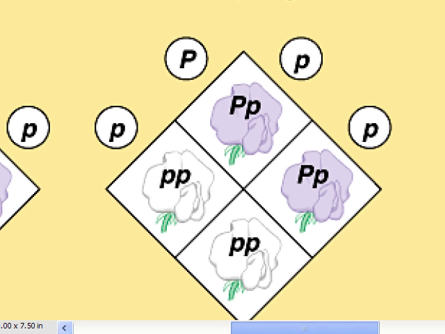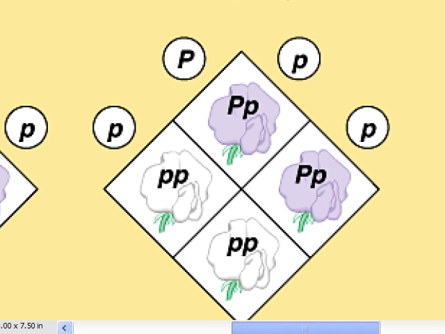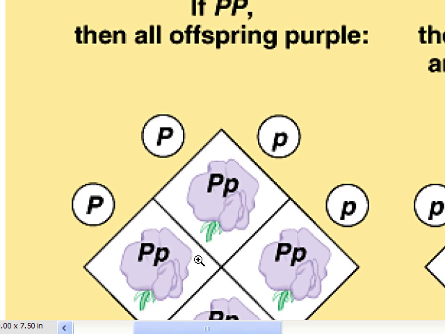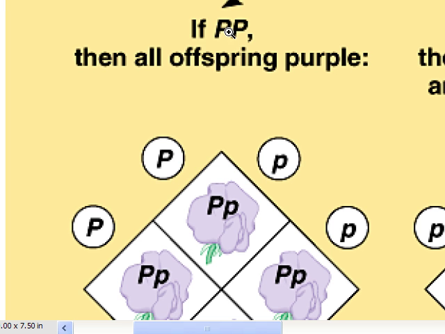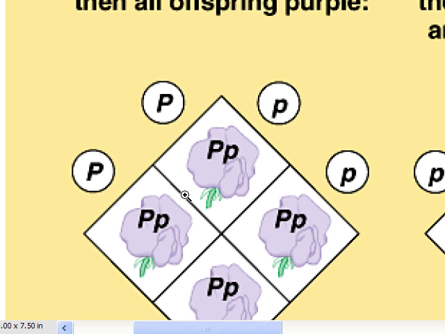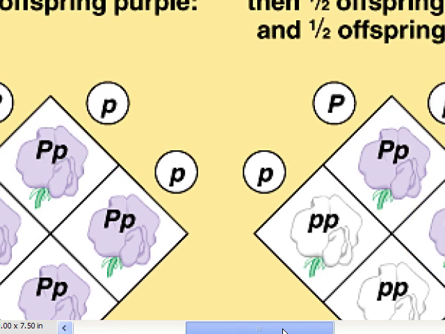You don't need to sequence the DNA to determine what the genotype is of the mystery individual. The idea is that if they were homozygous dominant, big P big P, then all of the offspring would be purple, because that dominant allele would dominate over the two recessive alleles in the gametes of the homozygous recessive individual.